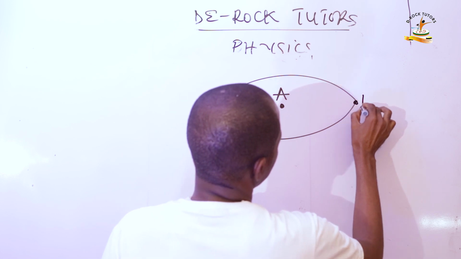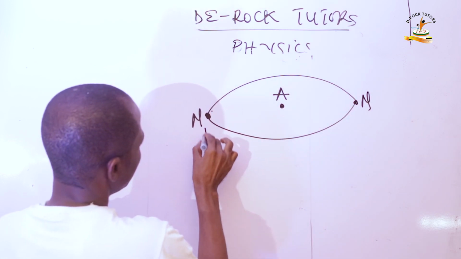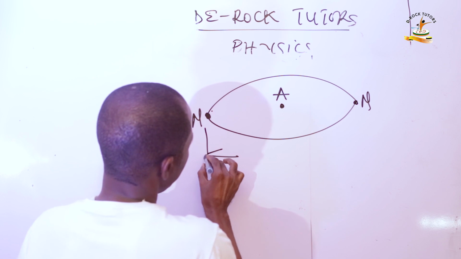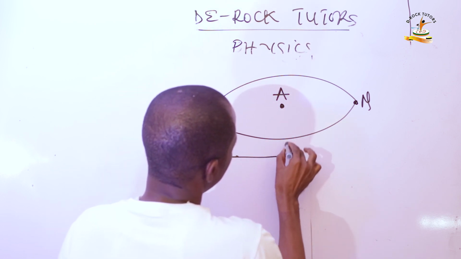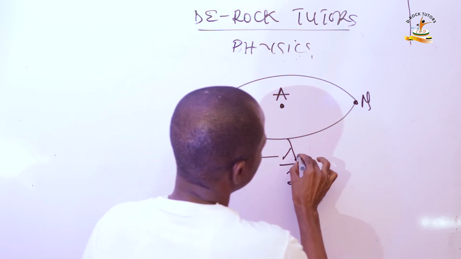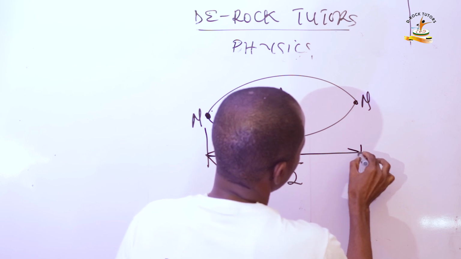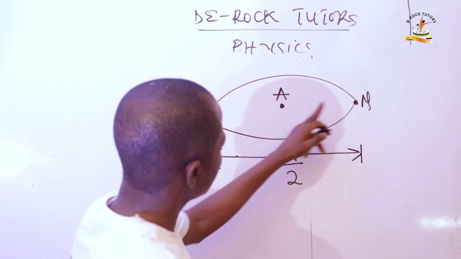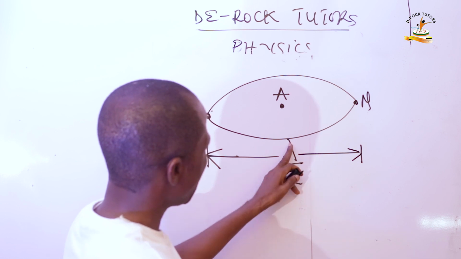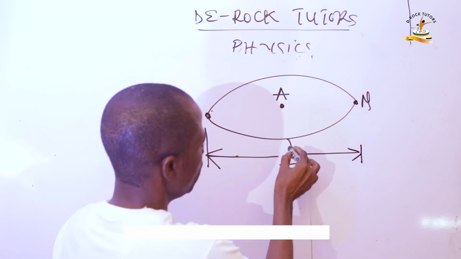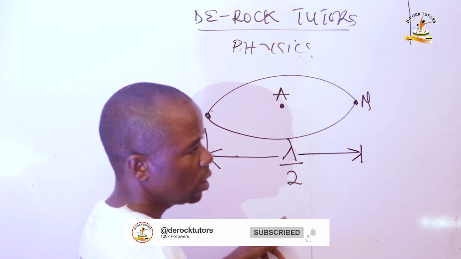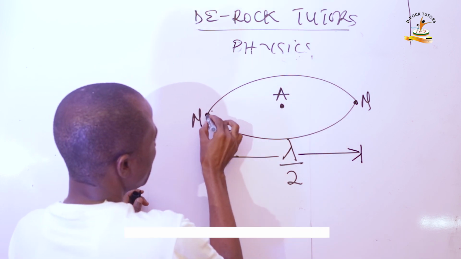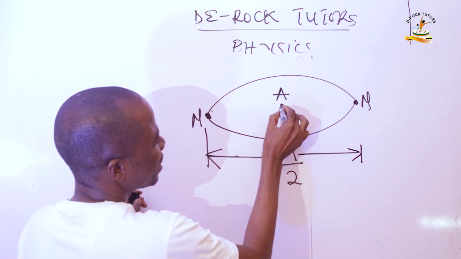The fixed point here is also a node. Don't forget that the distance between adjacent nodes is half of a wavelength. Take note of that. We know wavelength is lambda, so half of a wavelength. But the question is asking us, what is the distance between a node and an adjacent antinode?